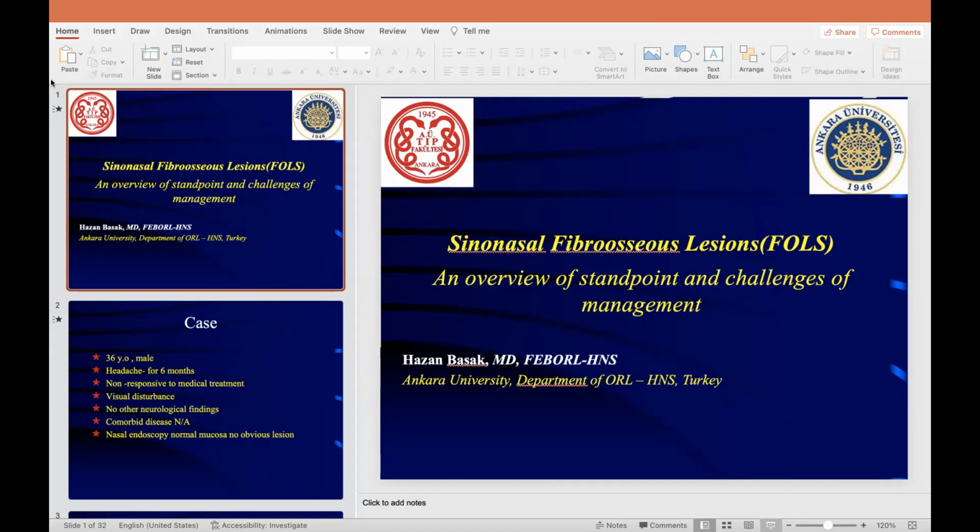We mostly see the monostotic variant in the sinonasal cavity. Mostly also see 80% monostotic variant, but the polyostotic variant, you can see it in craniofacial bone and skull-base involvement more common. What I mean, I will show it.